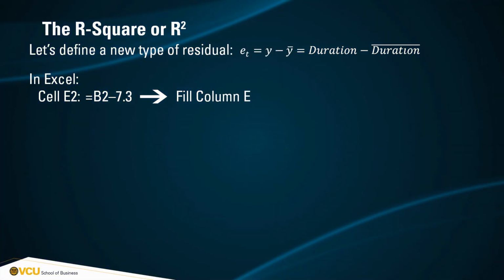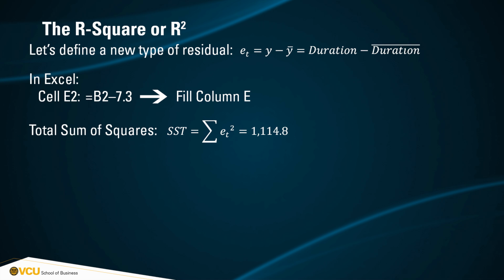Well, let's calculate a new set of residuals, and let's call them e sub t to distinguish them from the previous ones, defined as the observed duration of a driving assignment minus the mean duration of 7.3 hours. If you now add the squares of all the 300 e sub t residuals, we obtain another quantity called the total sum of squares, or SST.